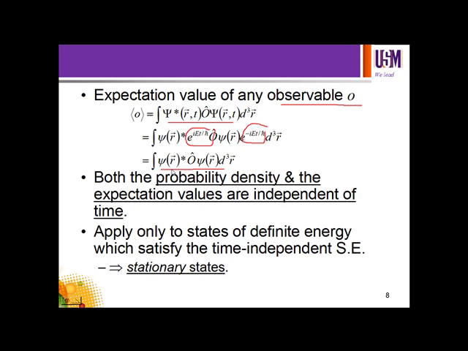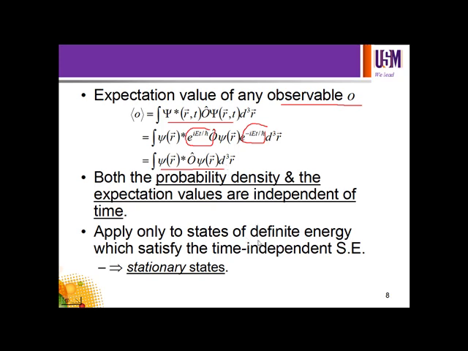Okay, so the expectation value can be in terms of the full wave function capital psi or the wave function small psi, which depends on r only. This is for the time independent Schrodinger equation. So both the probability density and the expectation values are independent of time. From the expression involving small psi, there is no time variable there. So it only depends on r.